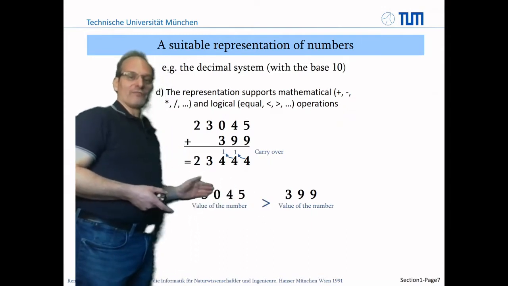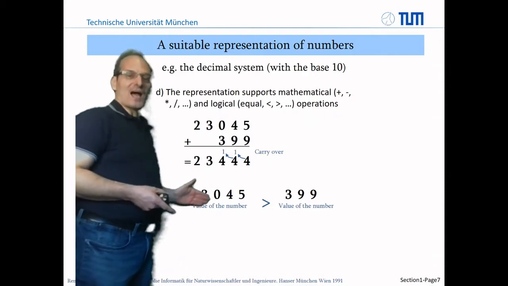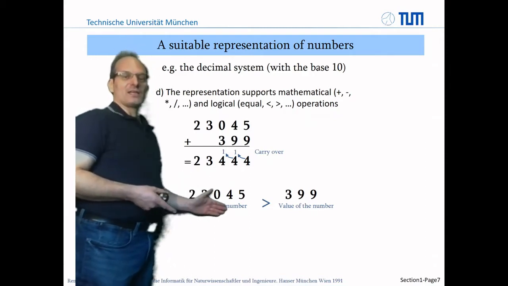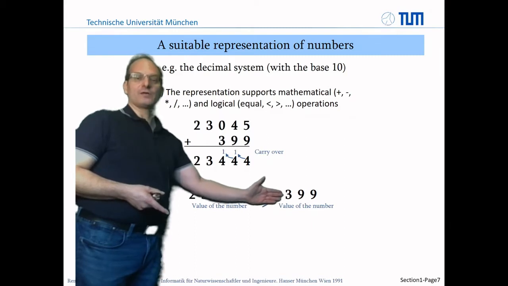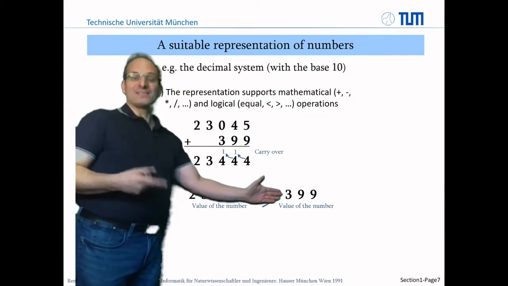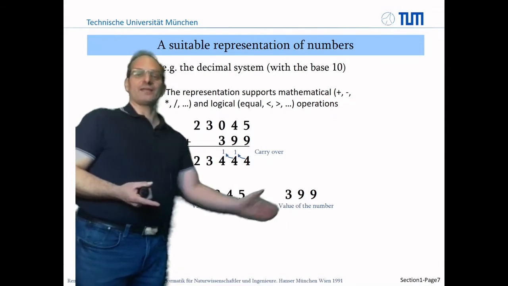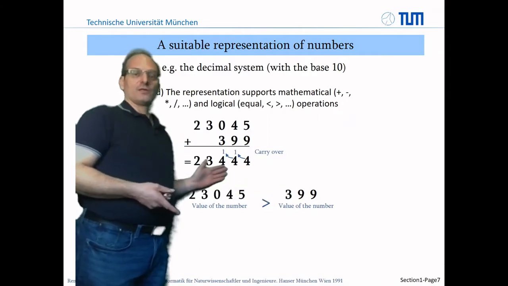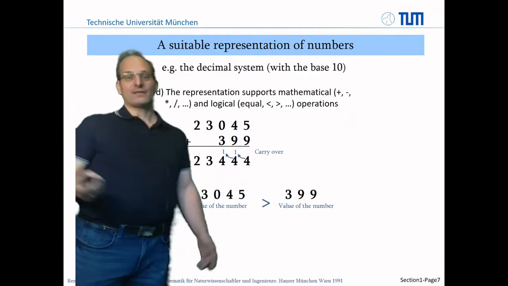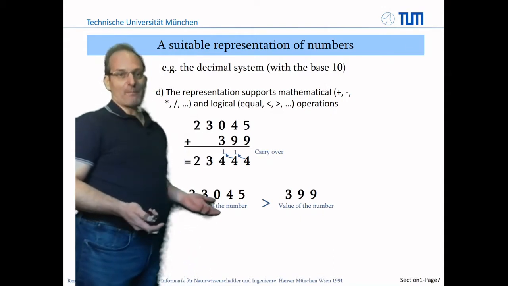If there are more digits in the higher region, then we automatically know this must be bigger. If one is greater at a position, then we automatically know that this one with the greater number at the position is the greater number. So we have a possibility to logically compare things.